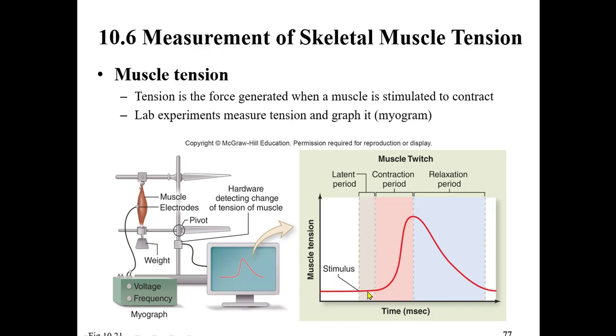Well, your latent period there is when we're electrically stimulating the muscle, but the muscle hasn't contracted yet. So what do we call that? We call that excitation, right? So in my handout, we had excitation, and then we have something called excitation, contraction, coupling. Those two really belong to this latent period.